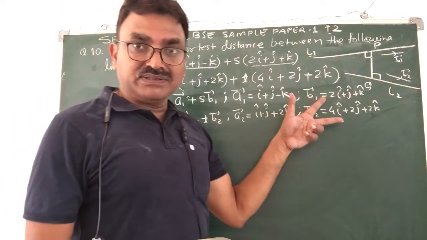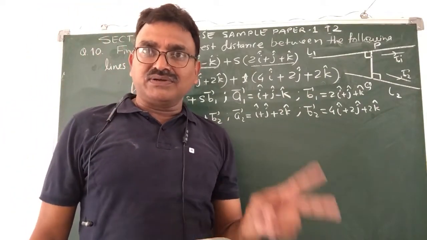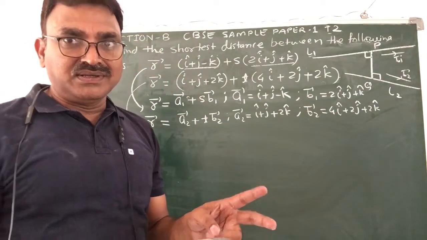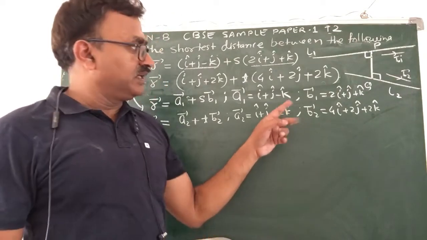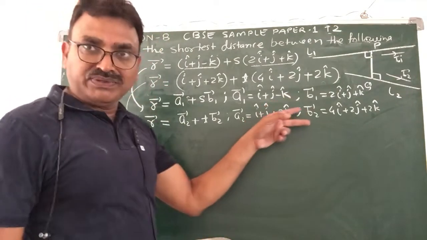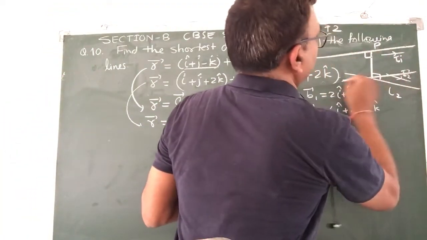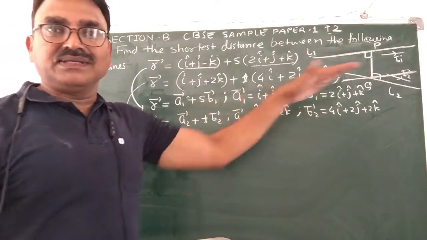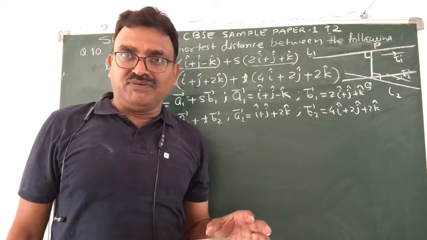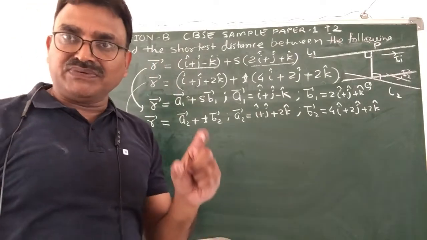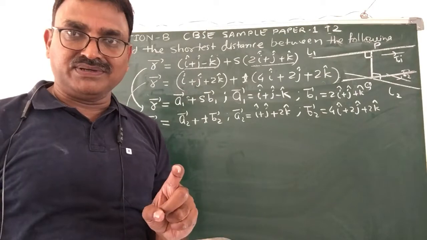So first we check the direction vectors of both lines, because here b1 is parallel to b2. It means the given lines are parallel. And since the given lines are parallel, we will not use the skew line formula; we will use the formula for the distance between two parallel lines. It is very important.